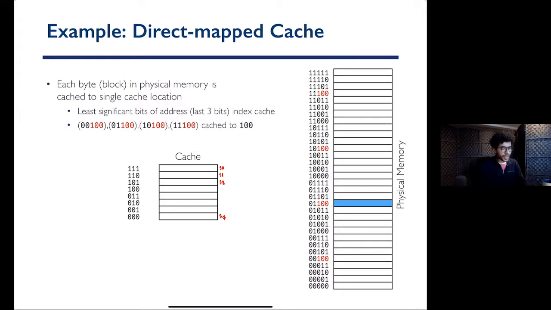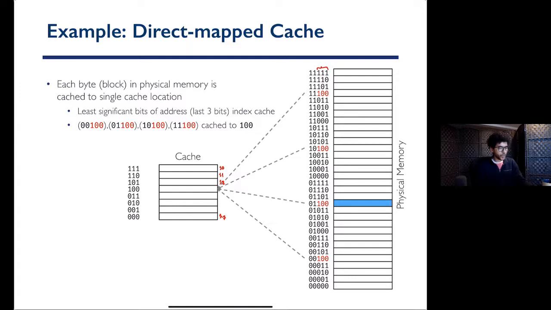If I look at the last 3 bits of my address, that tells me which set this address is mapped to. Any addresses with the same last 3 bits are going to be mapped to the same set. So for example, in this case, all the addresses that end with 100 are mapped to set 3.